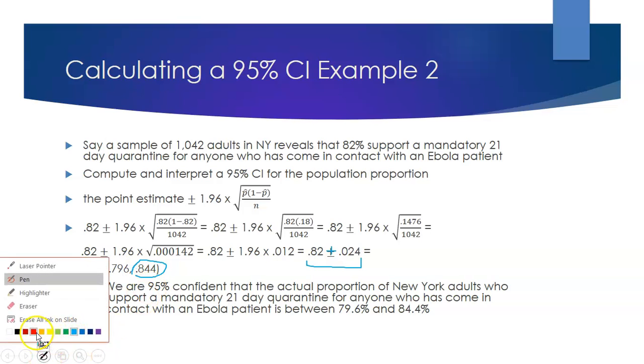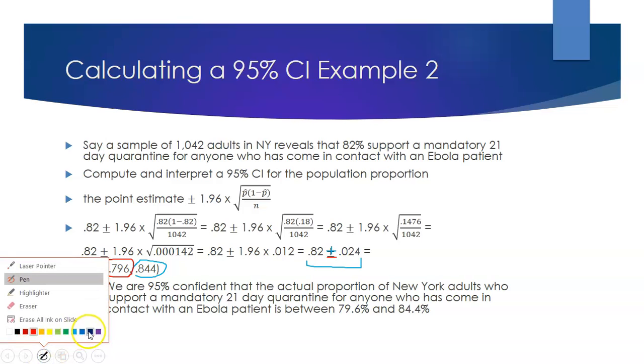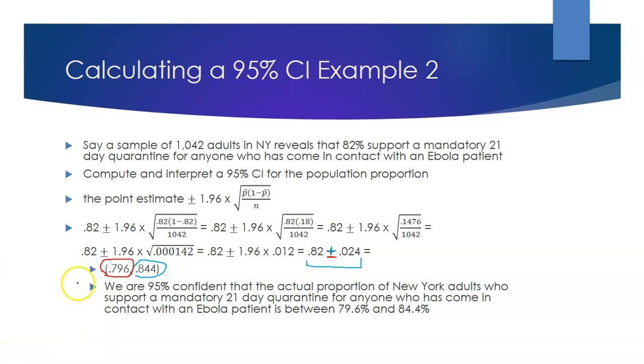Then the lower end of the confidence interval is the subtraction, 0.82 minus 0.024. So those two values that are obtained there, that's our confidence interval in the form of proportions.